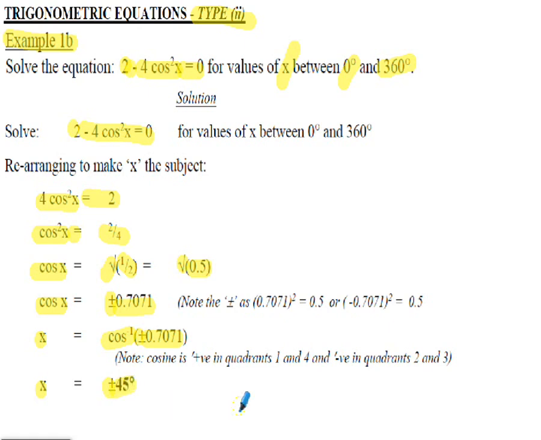So my 2 solutions are plus 45 degrees and minus 45 degrees. Now again, going back to our ASTC diagram, don't forget the quadrants in which the cosine function is positive. In the first quadrant, all functions are positive, and in the fourth quadrant, only the cos function is positive. So on the next slide, we'll see how we use that information.